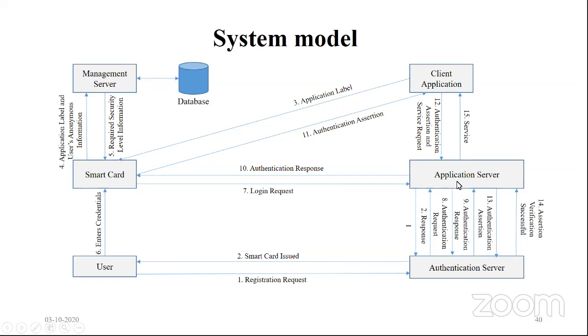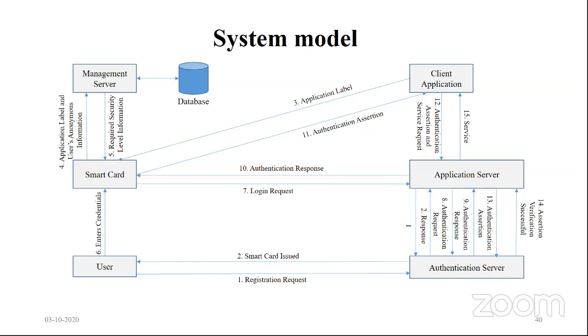So once the registration is done, the client application sends its application label to the smart card, and this label along with the user's anonymous information is sent to the management server. Here, the management server will define the security policies, the access control policies based on the identity of the user. For instance, a user can be a normal user or a person working in some company.